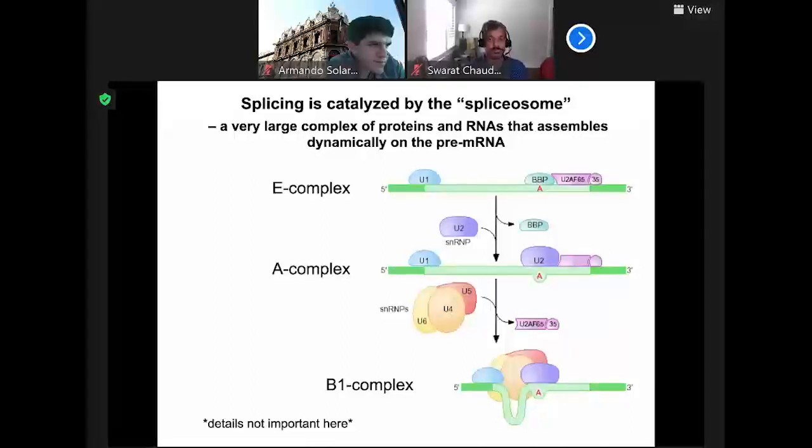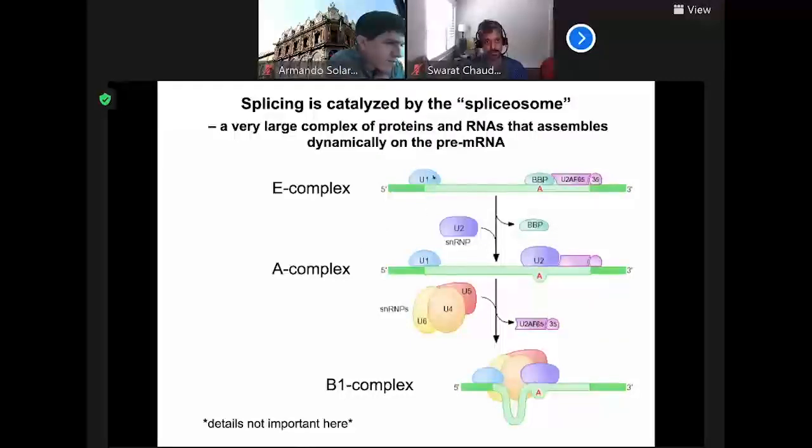I just want to briefly introduce some of the players here. Splicing is catalyzed by a very large protein-RNA complex consisting of several small RNAs and literally hundreds of proteins, called the spliceosome. It is not a pre-built complex, but actually assembles dynamically on the primary RNA transcript. There are these components called SNRPs, U1, U2, U4, U5, U6, which are the key RNA-protein complexes.